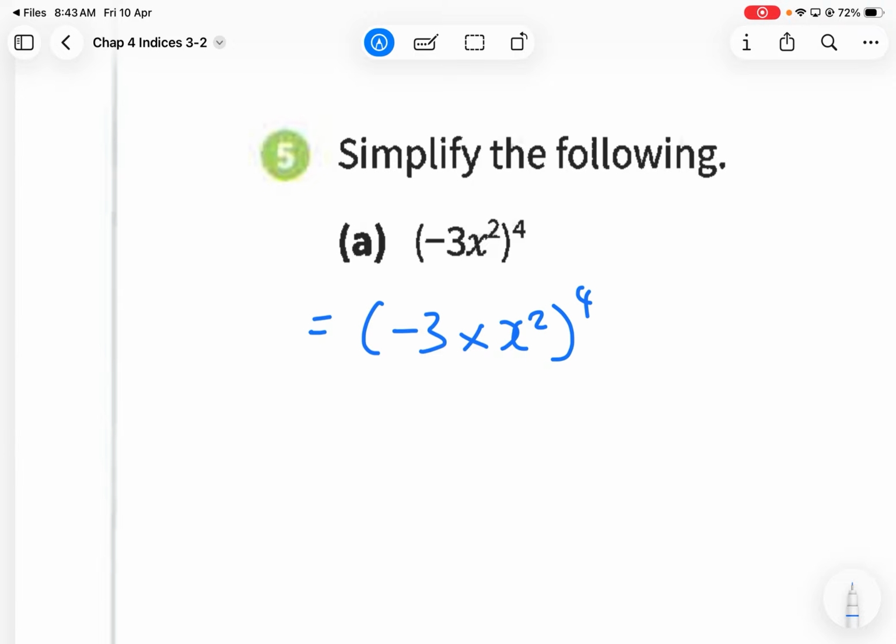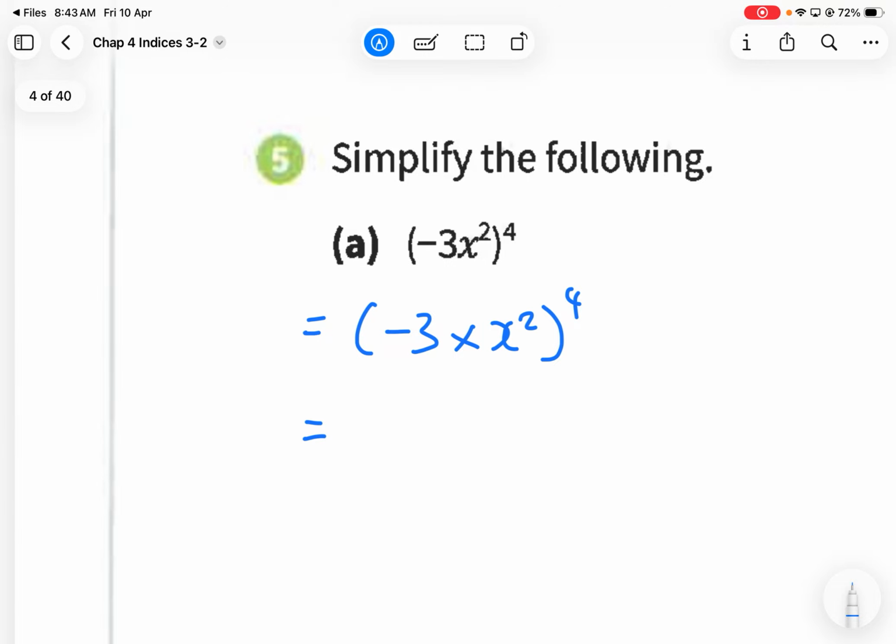So when I have the power 4 outside, my power 4 must be given to -3 and also to x squared. So -3 to the power of 4 multiplied by x squared to the power of 4.